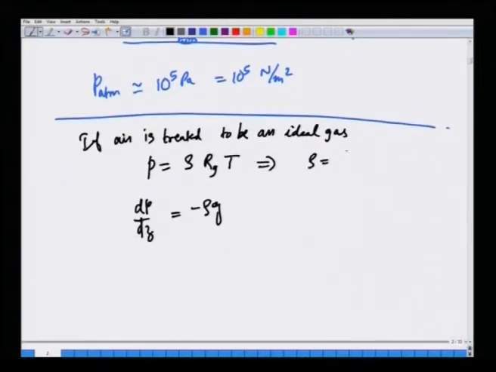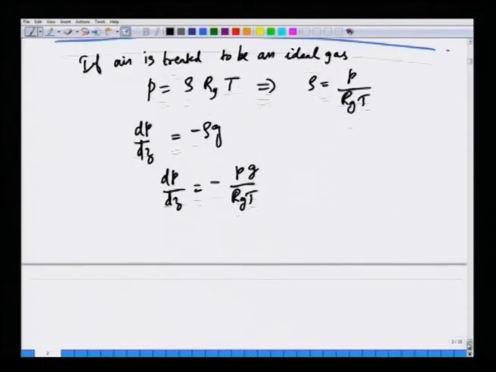So, this implies rho is P by R g T. So, I can eliminate rho: dP by dz is minus P by R g T times g, acceleration due to gravity.